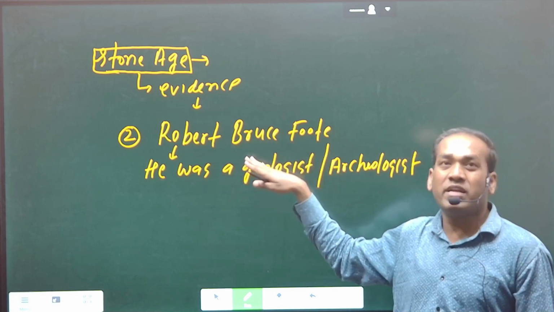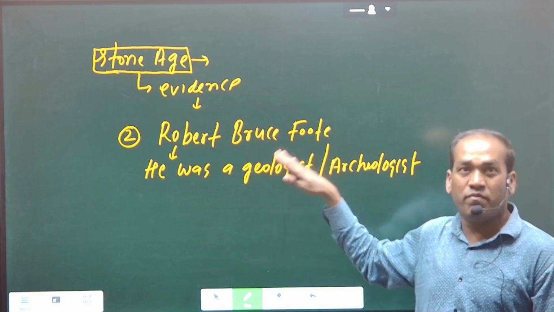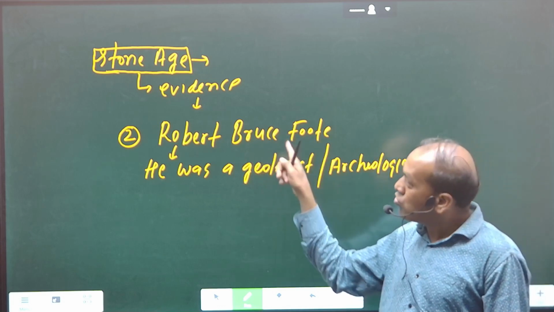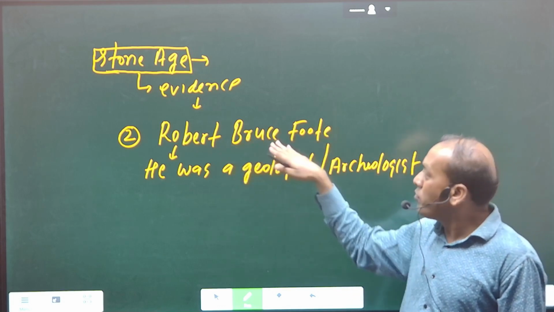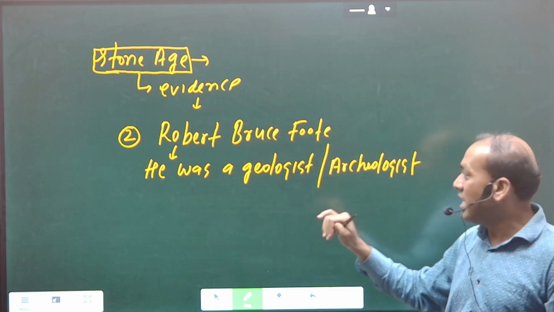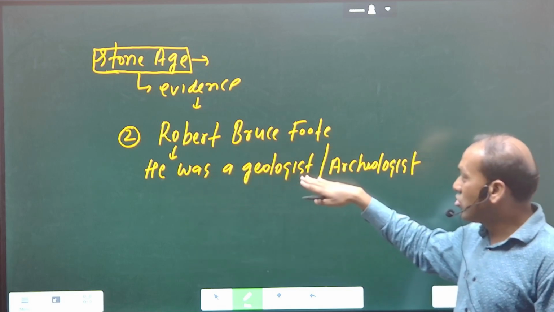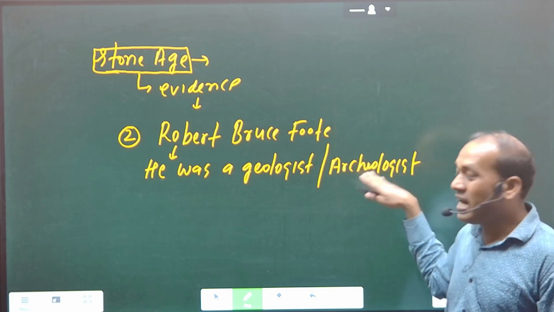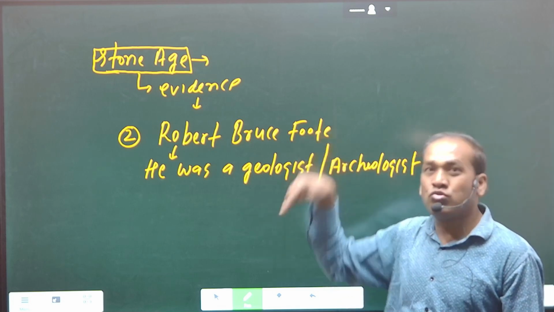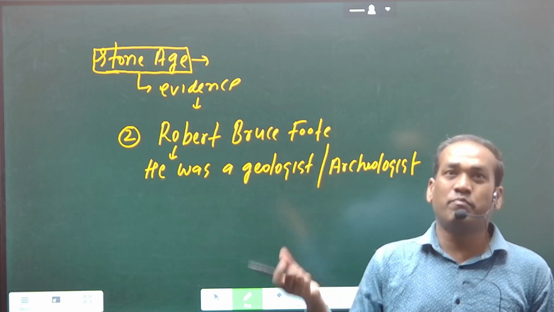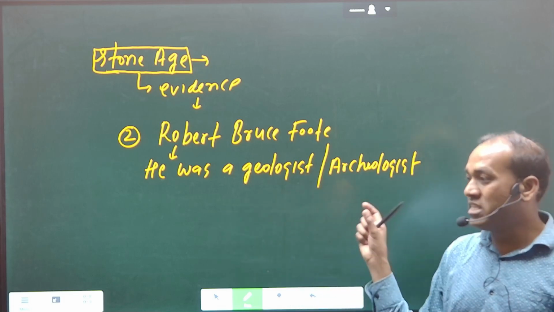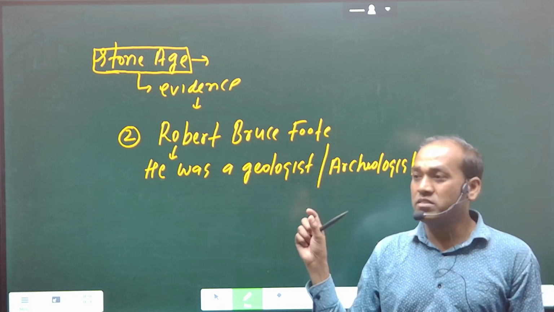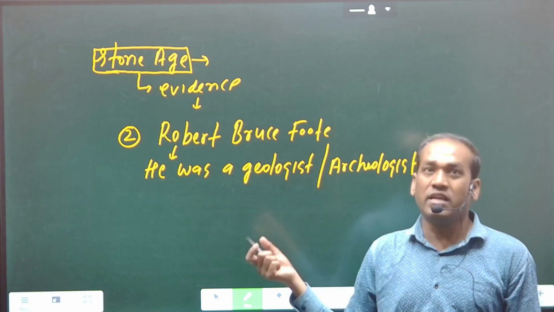At that time India was the colony of the Britishers. So in colonial India, Robert Bruce Foote came from England, and he was a geologist or archaeologist. He joined the ASI department in India. ASI means Archaeological Survey of India.